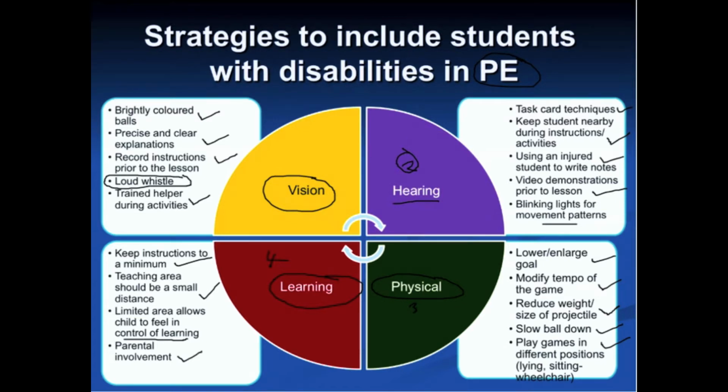So there's a really good checklist for you if you do have any of these special needs within your classroom, to ensure that all students, no matter what their abilities or their needs are, you can accommodate for them.